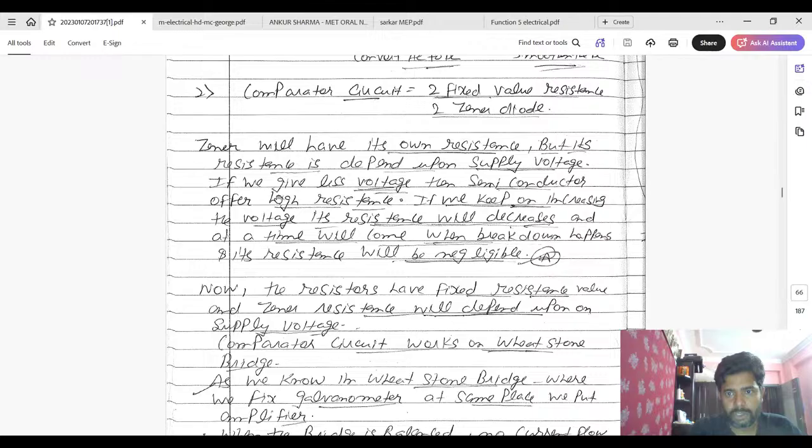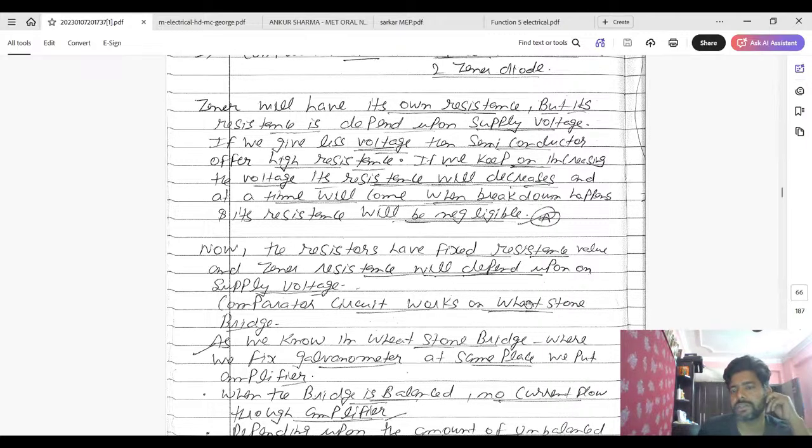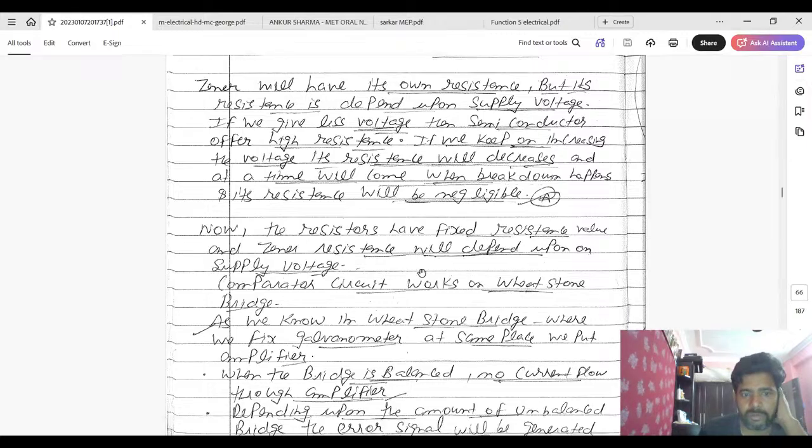If we keep on increasing the voltage, its resistance decreases, and a time will come when the breakdown happens. Its resistance will be negligible. Now a resistor has a fixed resistance value and the zener diode's resistance will depend on the supply voltage.